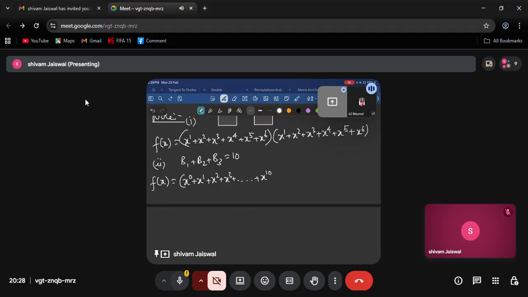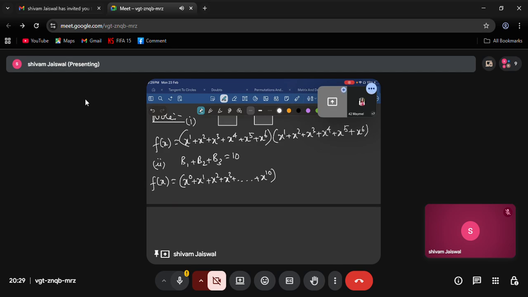Right. These are the things possible with B1. Yes or no? Tell me, everyone. These are the outcomes for B1: 0 coins, 1 coin, 2 coins, 3 coins, or up to 10 coins.